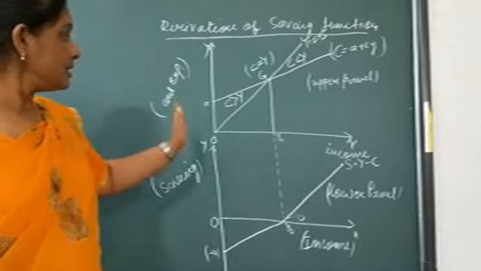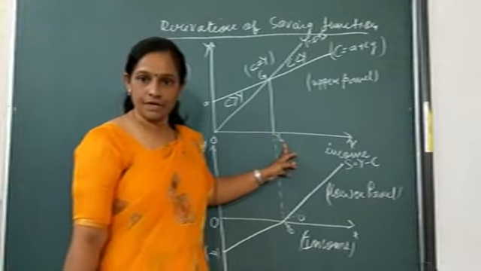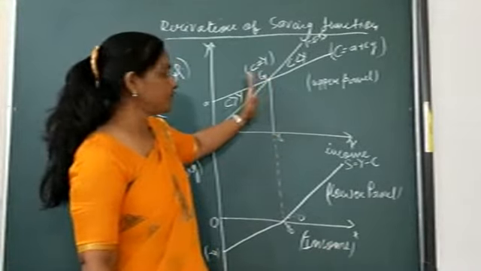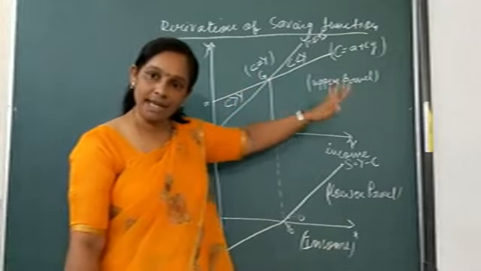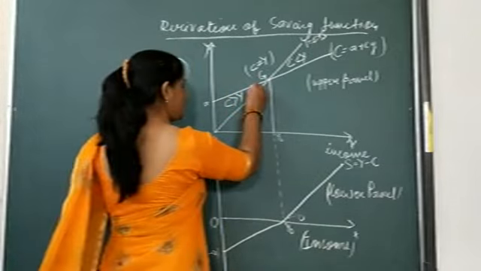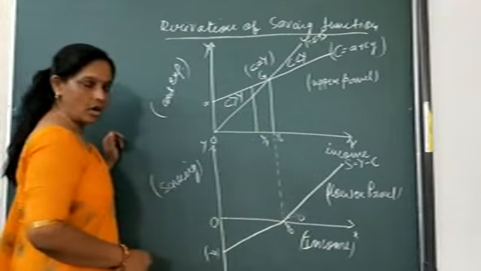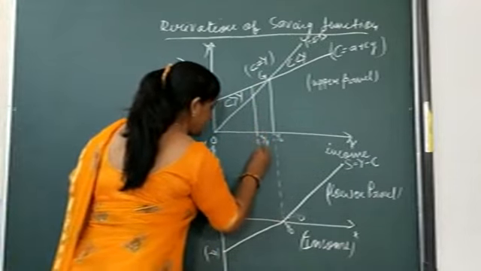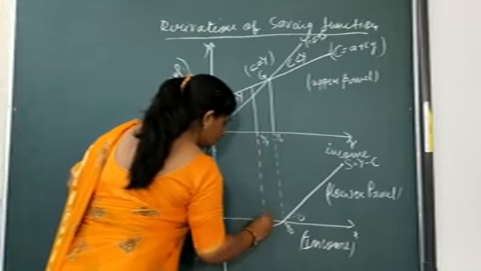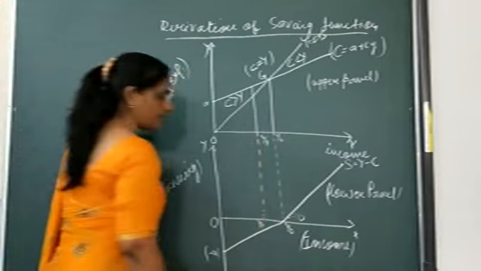You have to draw. We have taken Y naught level of income. One level of income we will take before G, one level of income we will take after G. So I am taking one level of income here. Suppose this is Y1, alright, and I will extend it till here. This is your Y1.